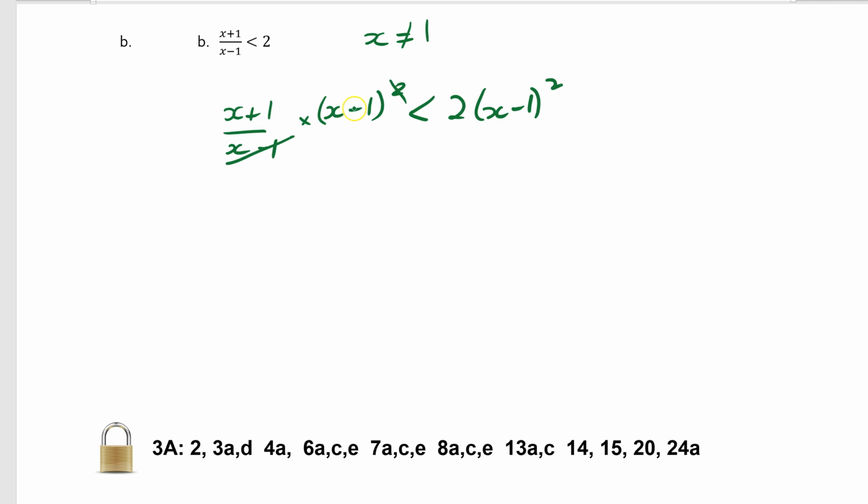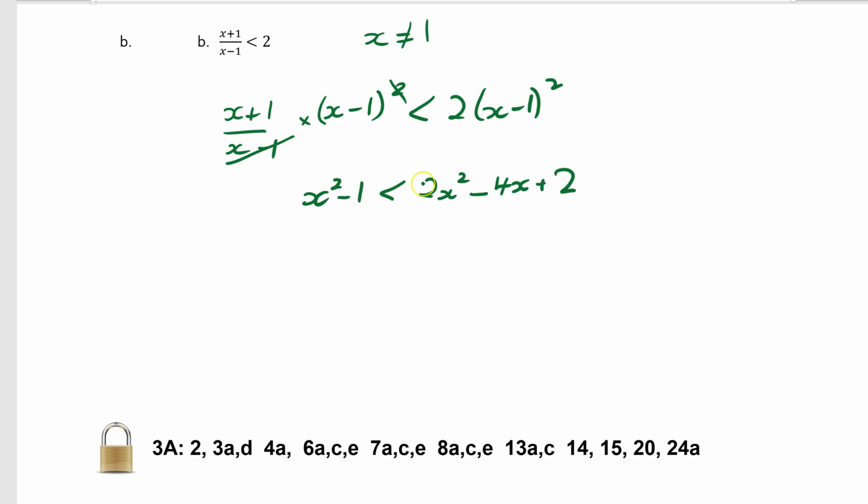We've got x plus 1 times x minus 1. We know that's a difference of squares. And we want that to be less than, over the other side, when we expand the square, it'll be x squared, so square of the first, minus twice their product, so that's 2x, and multiplied by that 2 is 4x, and then plus 1 squared, so that's 2.